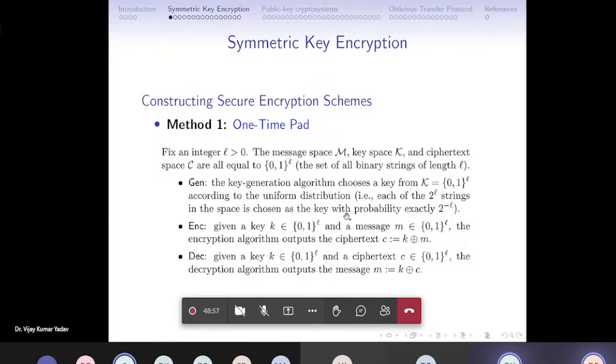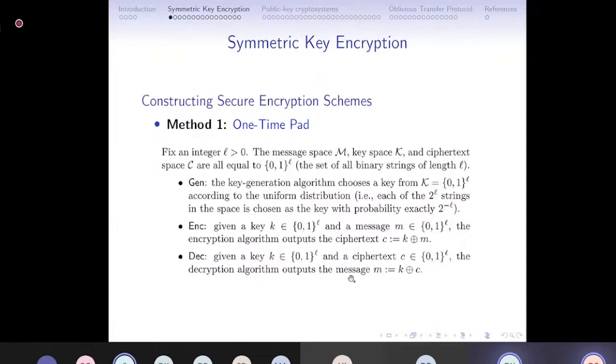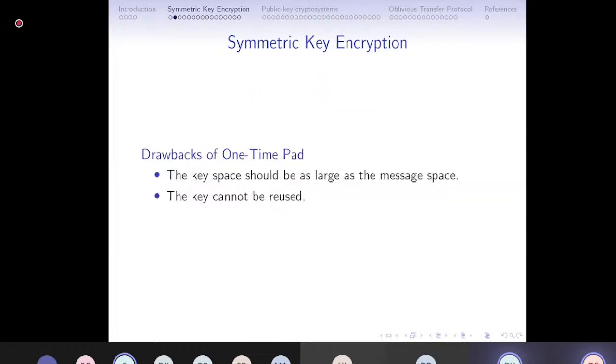In order to encrypt the message of L bits, we simply perform the exclusive OR operation and send the ciphertext to the receiver. In order to decrypt that message using the same key, the receiver simply uses the ciphertext and the key, performs the exclusive OR again, and computes the plain text. So this is the secure one-time pad encryption scheme.